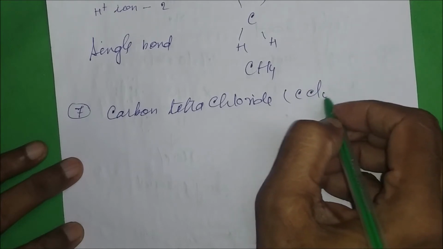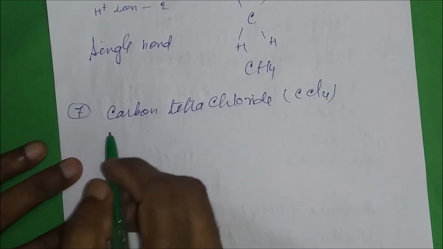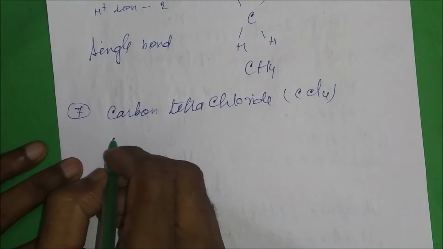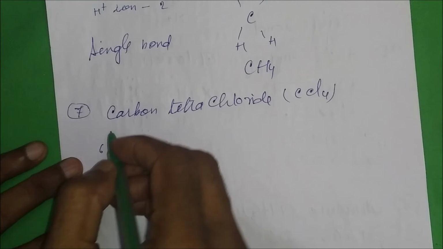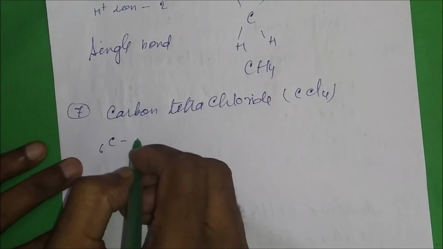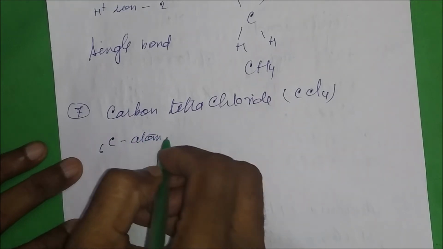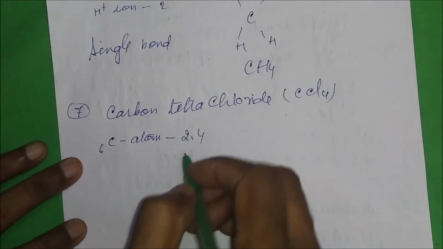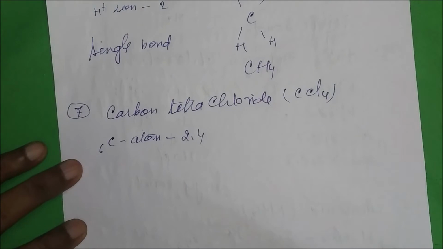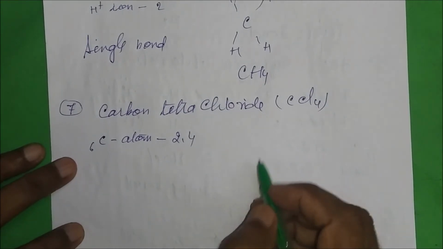CCl4. Is it clear? Here also the same. Carbon is what? Atomic number is 6. These are the atoms. Electronic configuration will be what? 2 and 4. Right? First of all, you see how it's combining there.